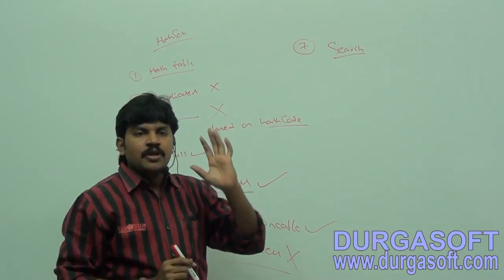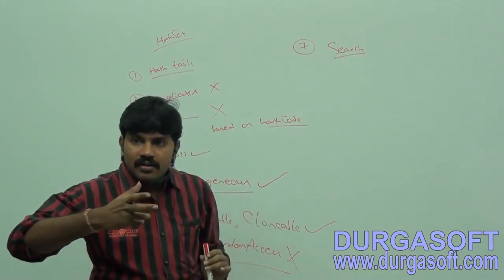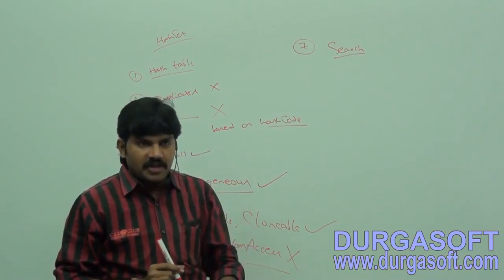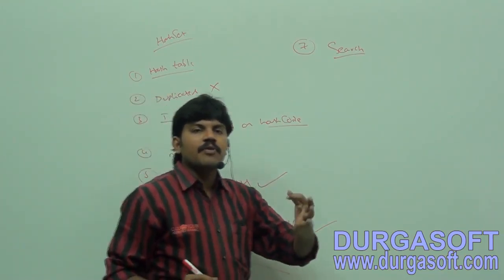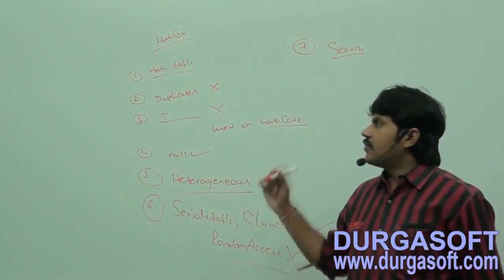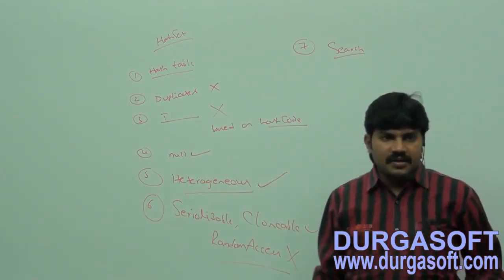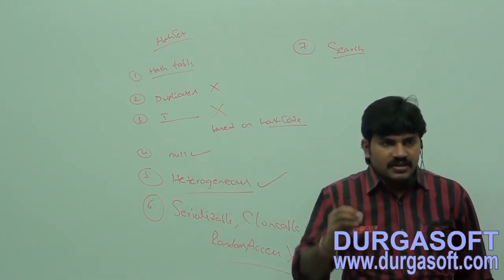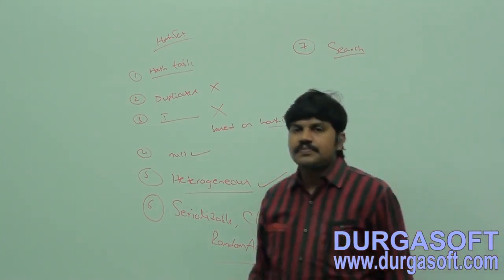Because hashing algorithm, have you remembered? Number one search algorithm up to today is nothing but hashing only. Wherever our frequent operation is the search operation, then it is better to go for HashSet, right? Is it clear for all of you? These are various important properties related to HashSet.